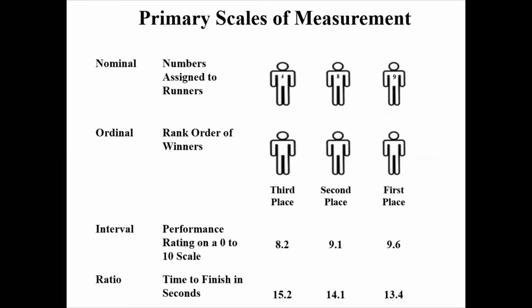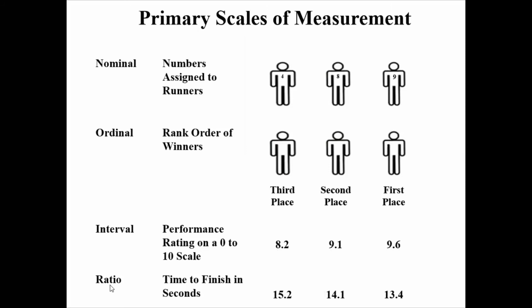By using a Likert scale or rating scale, it is called an interval scale. This is a performance rating on 0 to 10. For the first runner we can give 8.2, and for the second runner 9.2 and 9.6.